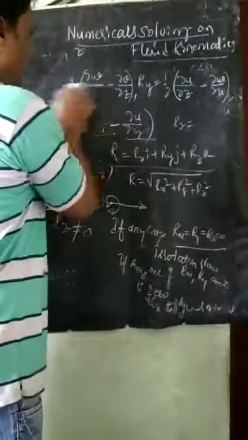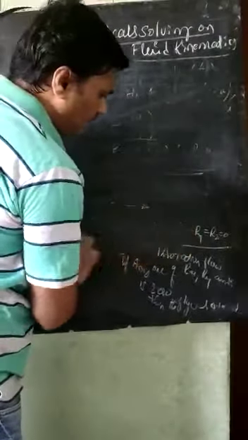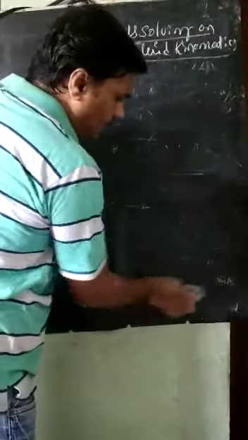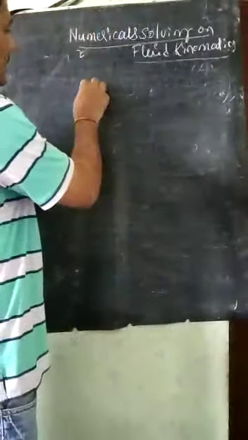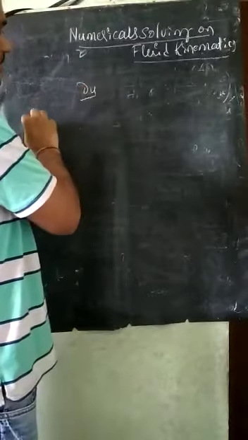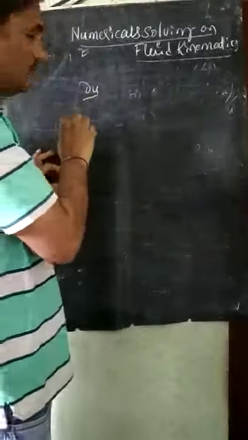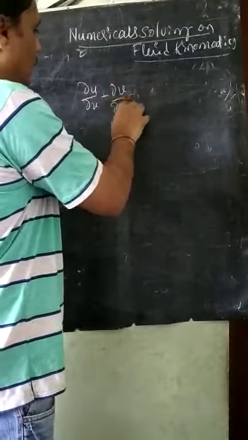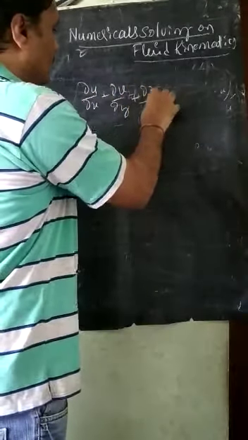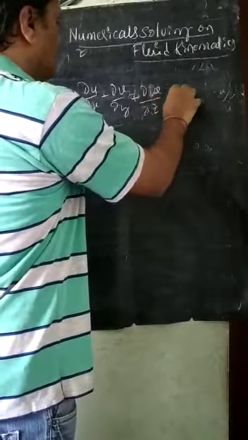Next, consider the 3D continuity equation. As we have derived already, for steady flow in Cartesian coordinates, dou u by dou x plus dou v by dou y plus dou w by dou z is equal to 0.